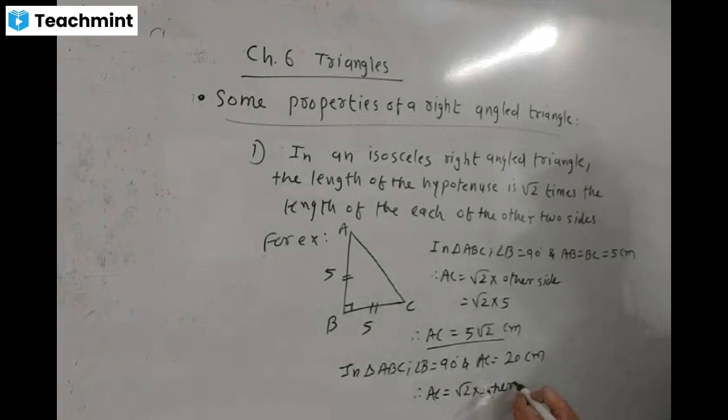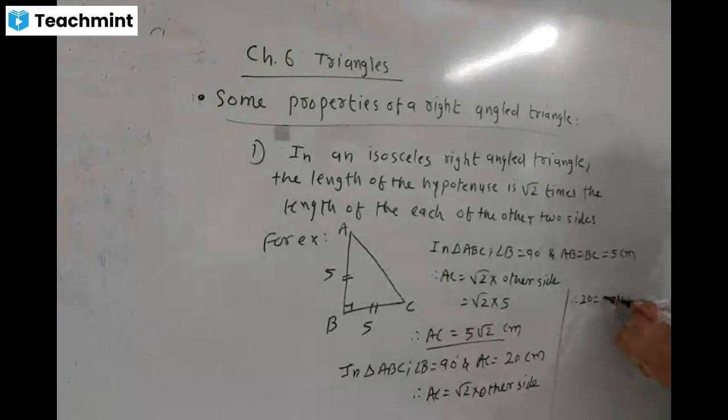Find the other side. Therefore AC is equal to 20 is equal to root 2 into other side.